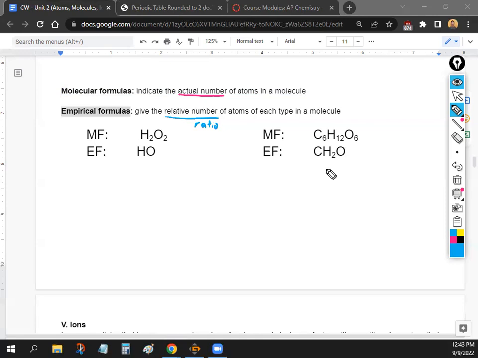They're used to try to figure out the ratio of elements you have when you don't know exactly what compound you're working with. So that's when it's used. It's more experimental. After you guys write this down, I'll go over how to go from molecular to empirical.